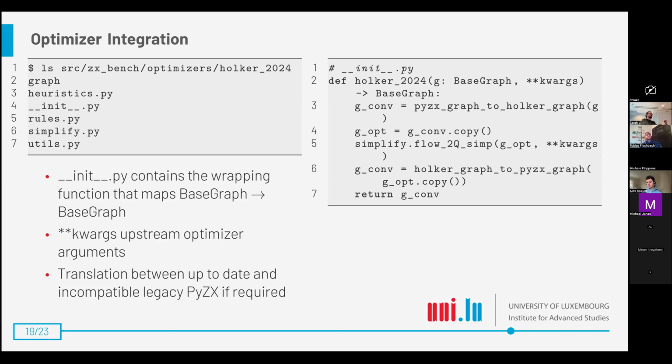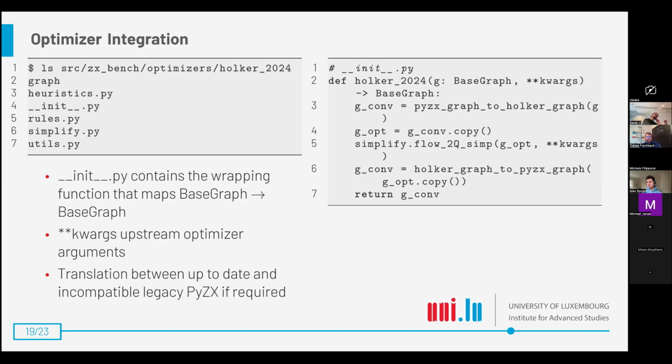So as long as Python doesn't undergo major changes, we basically convert the current graph data type of PyZX into a legacy ZX diagram, and then just keep the original optimizer untouched.